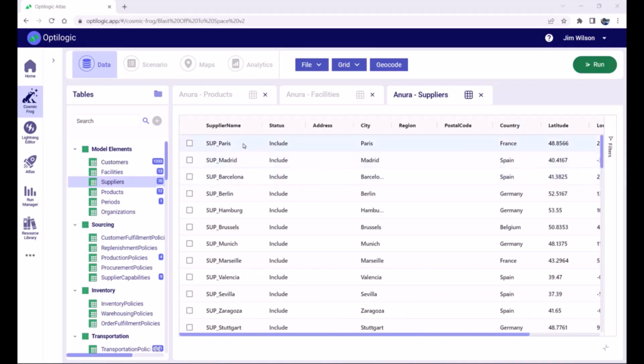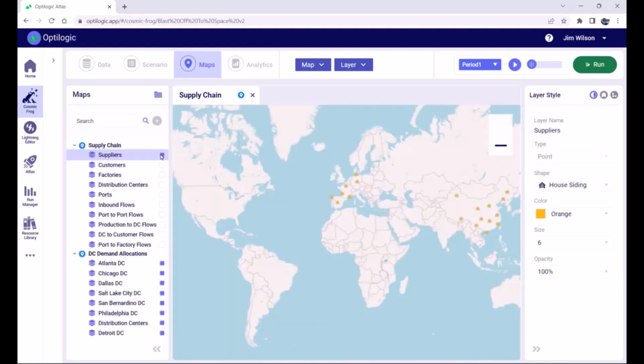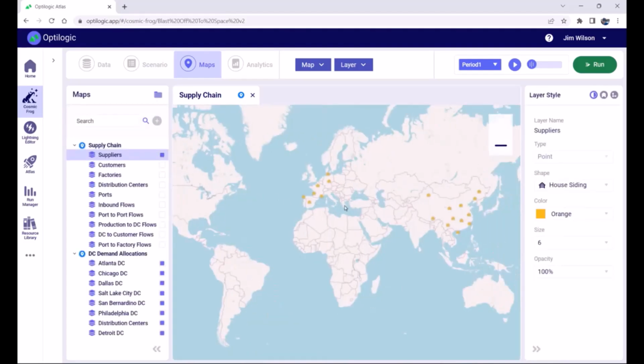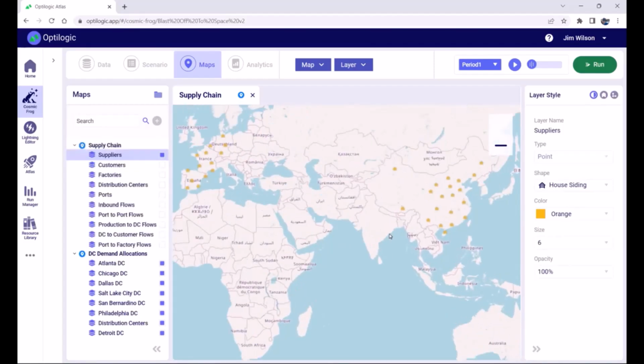So it's often easier to visualize this on a map, and this would be a good opportunity to jump across. And we've got our pre-configured supply chain map here. So I can just start selecting entities. And here we have our suppliers. We can see all of the suppliers across Europe and all of the suppliers across China. We also have ports.